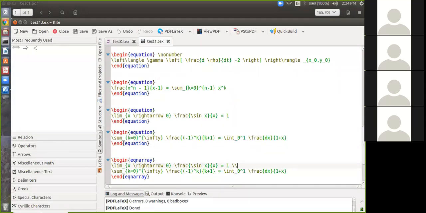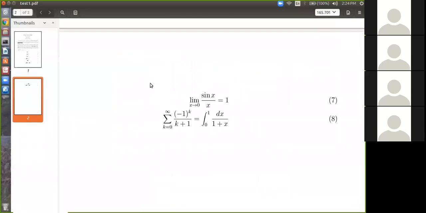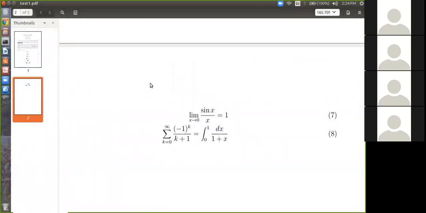So begin equation array and end equation array, you need to put a line break after every equation. Now let me compile it. Here it is. So I put them together.